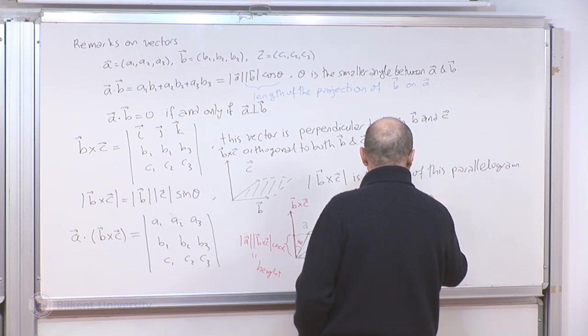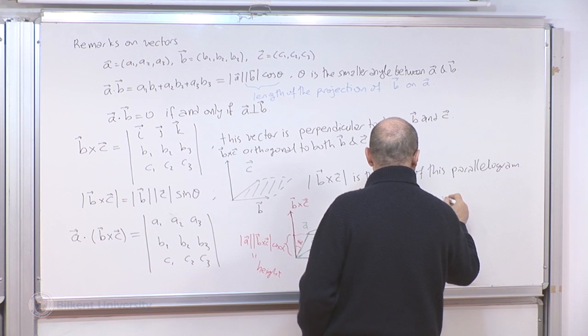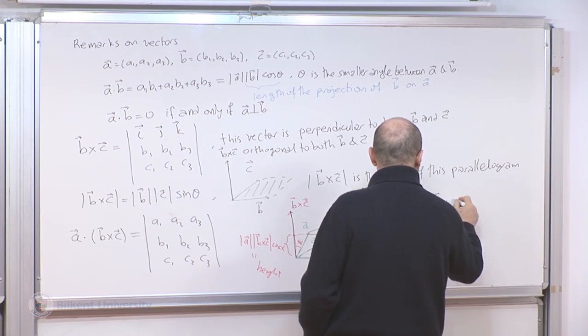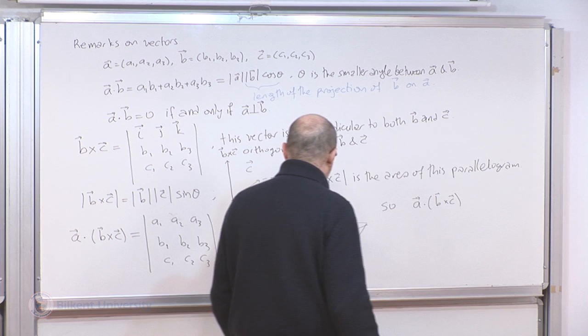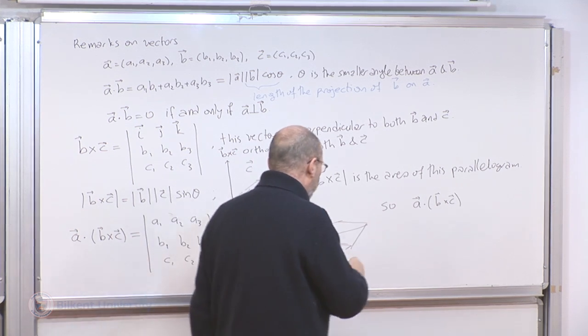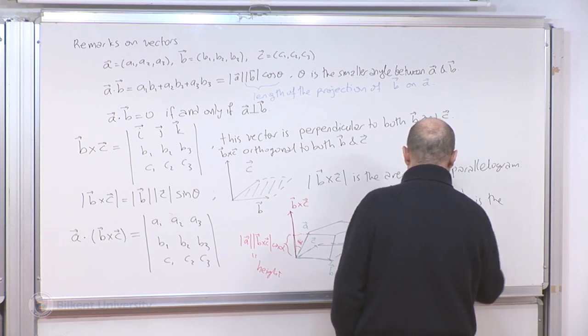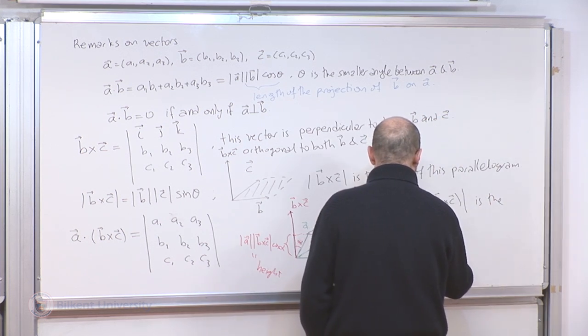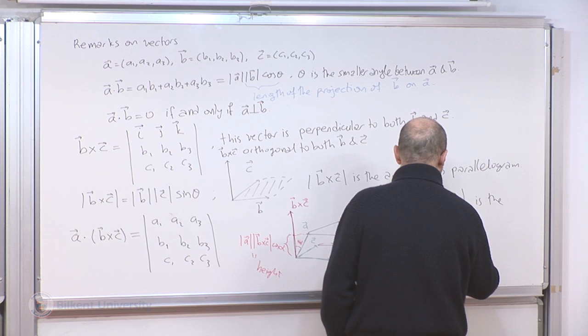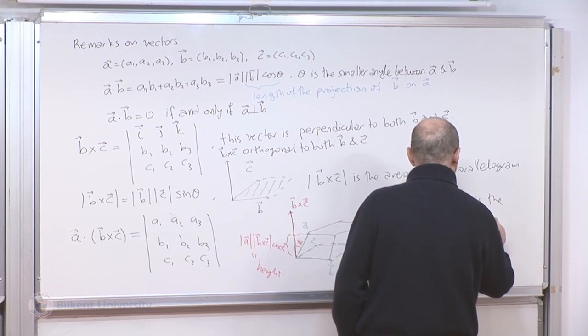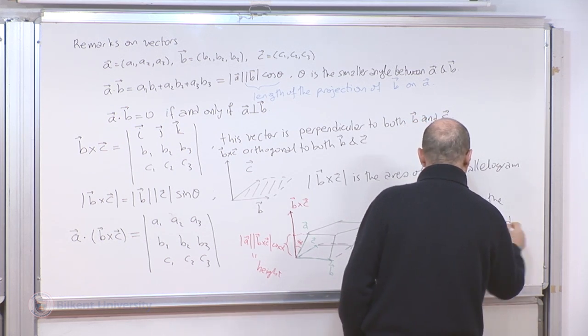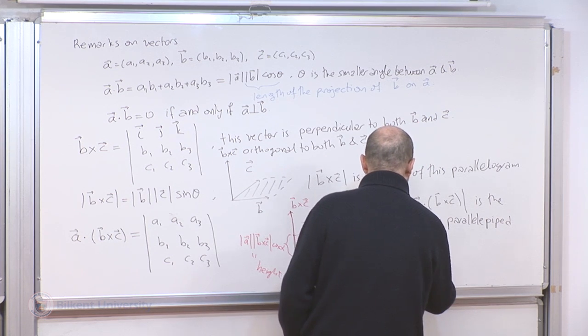So A dot B cross C, in absolute value, is the volume of the parallelepiped formed by these vectors.